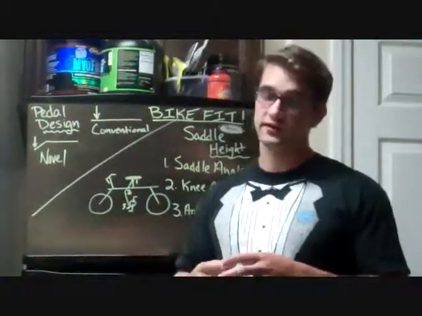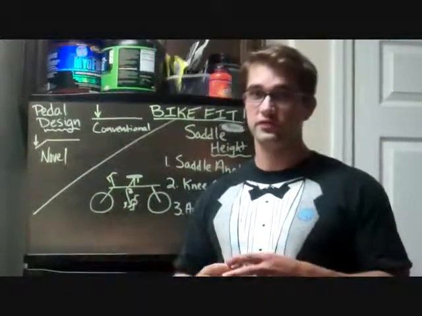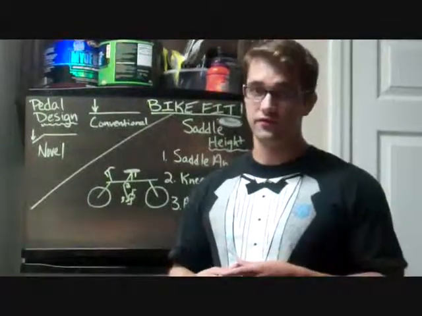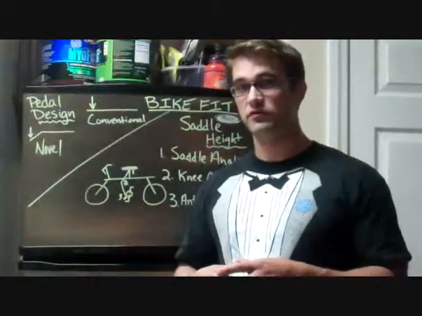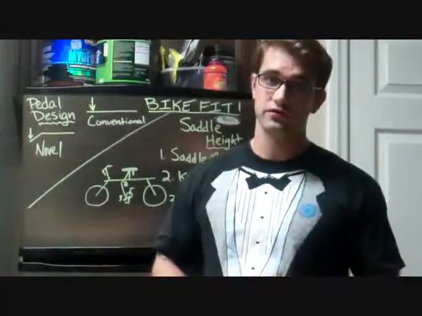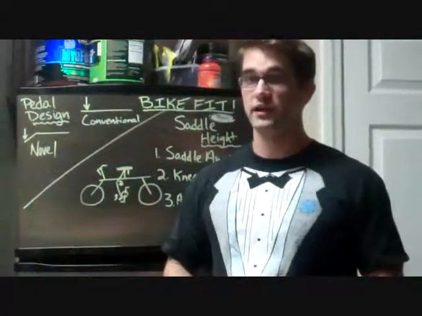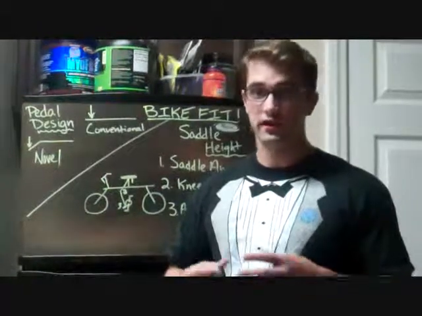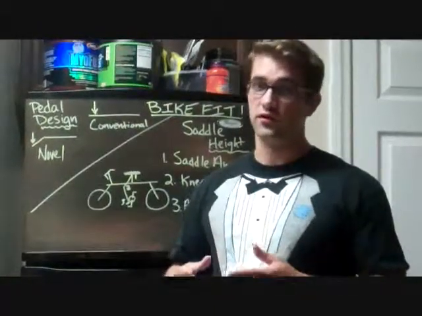Now, this is optimal as 50% of overuse injuries in cycling are due to the knee, and the knee takes on a lot of forces when cycling. So we can reduce those forces by transferring at least some of the force to the ankle. We're able to save our knees from a lot of wear and tear over time and optimally be able to cycle for longer.